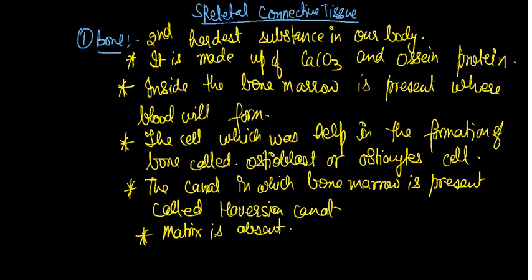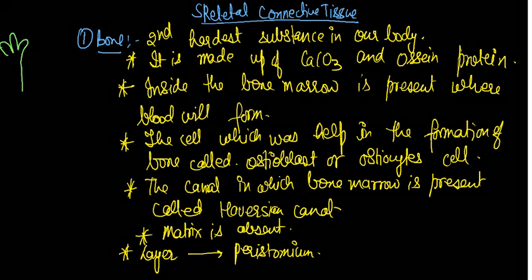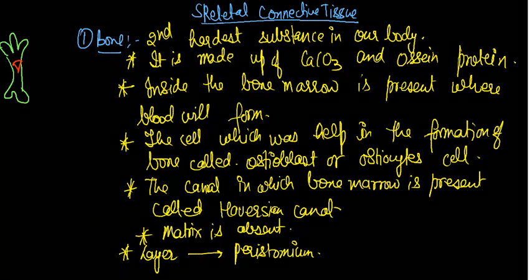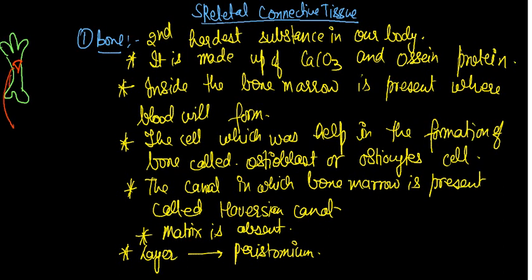Okay. The layer which is present on the bone is called what? Periosteum. Okay. Suppose that I am going to draw the diagram. Suppose here is one bone, and you have to cut this bone like this and just watch the diagram.